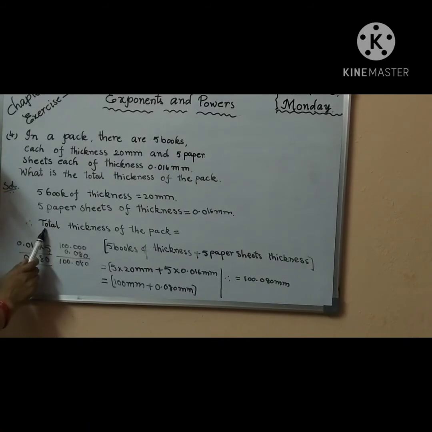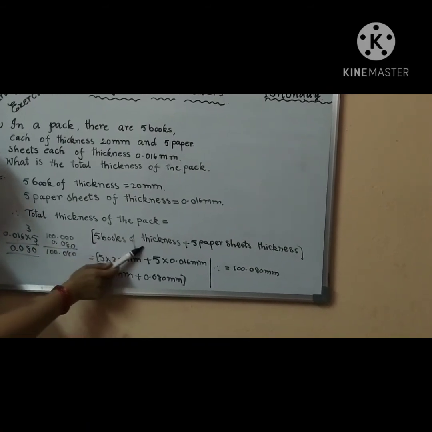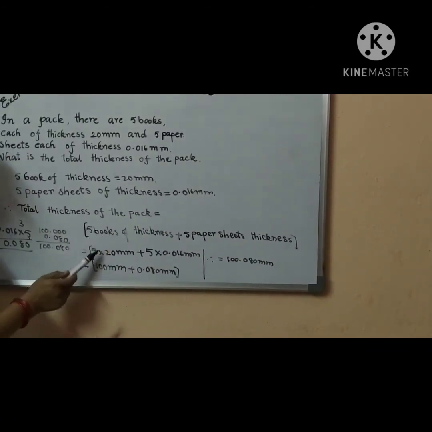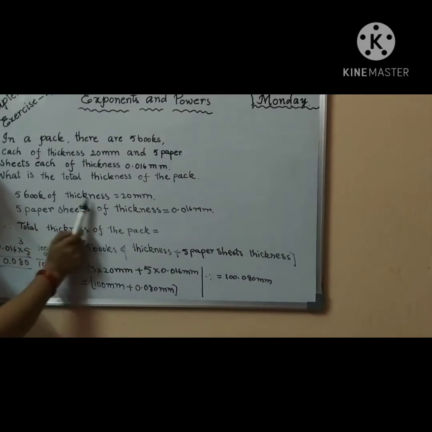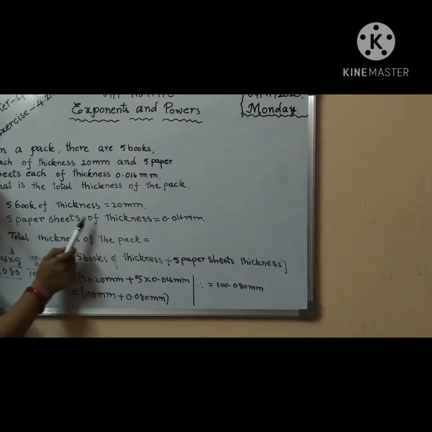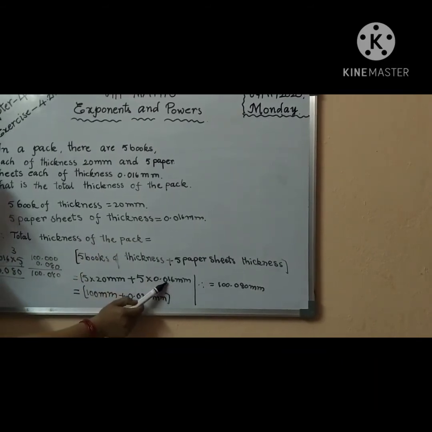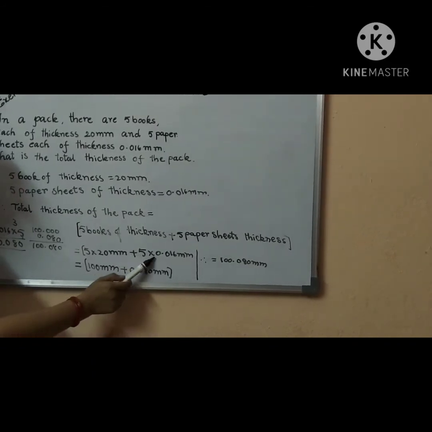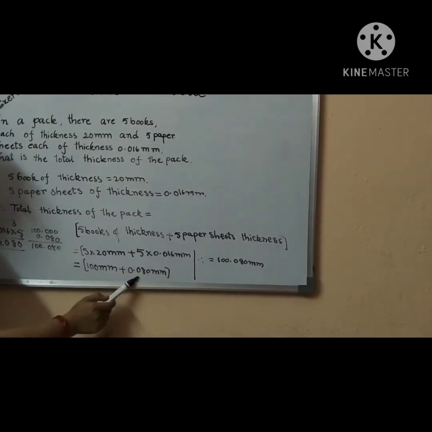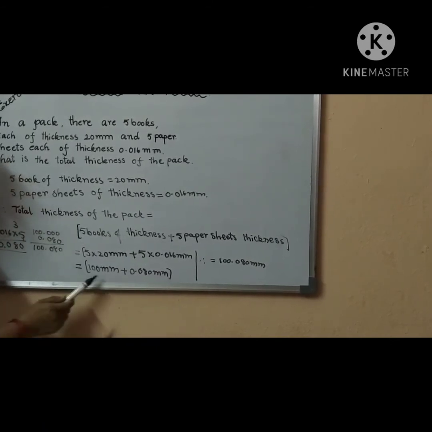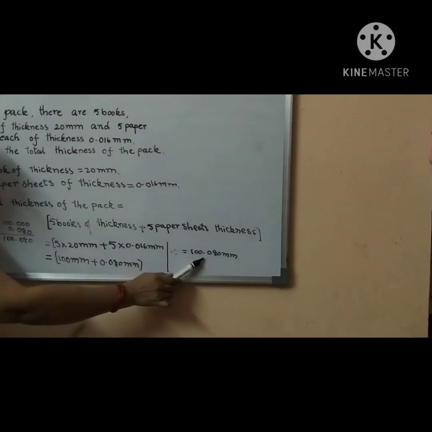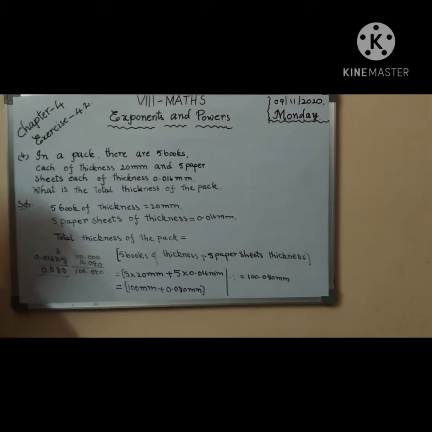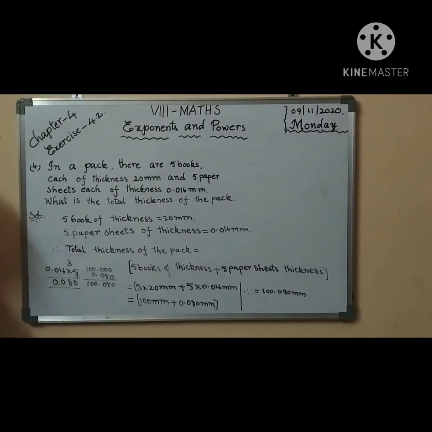So 5 into 20 mm plus 5 into 0.016 mm. 5 20s are 100 mm, plus 5 into 0.016 mm is 0.080 mm. Adding the two terms gives 100.080 mm. It is the total thickness of the pack. Did you understand, children? Okay.